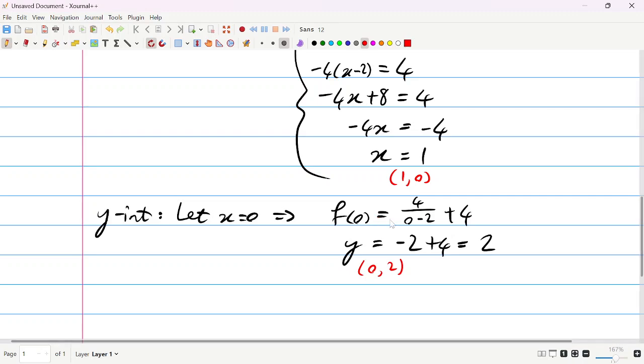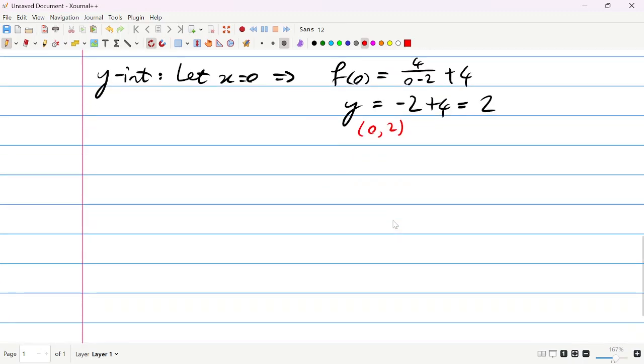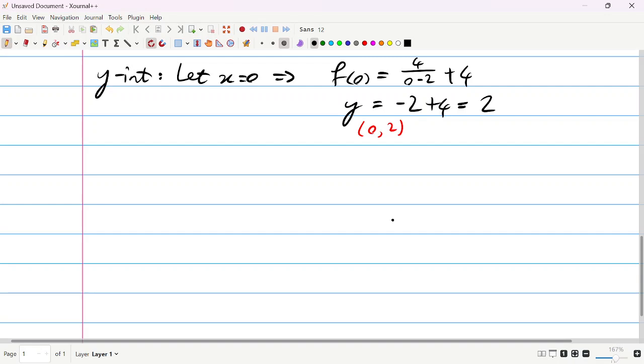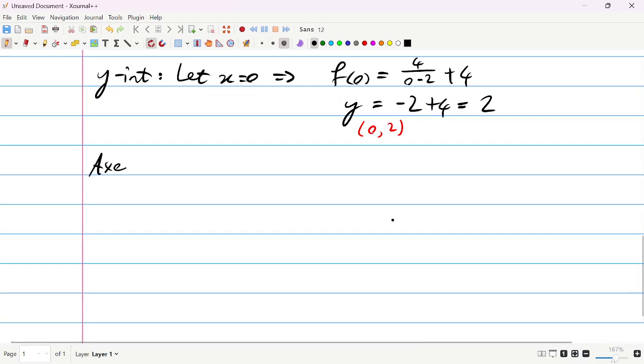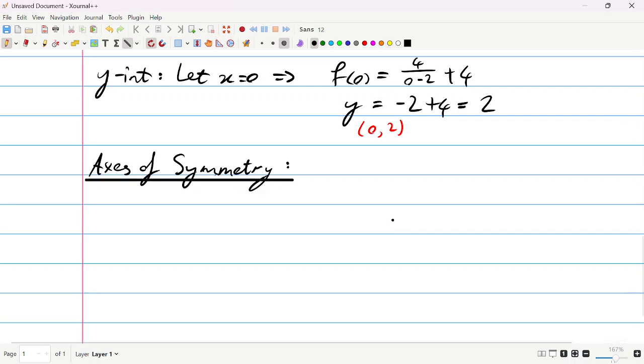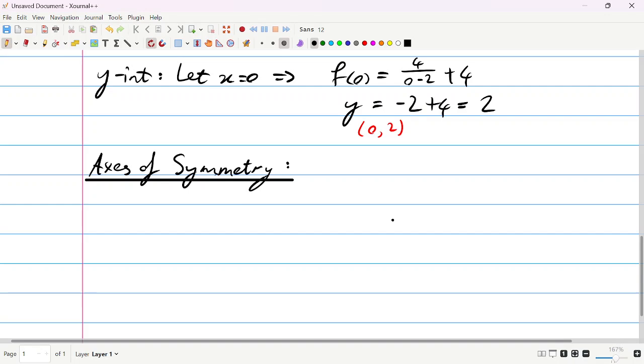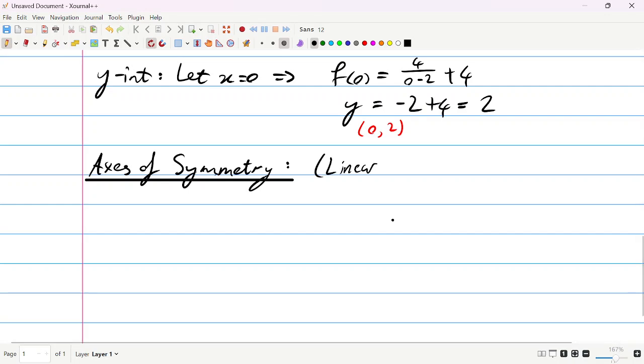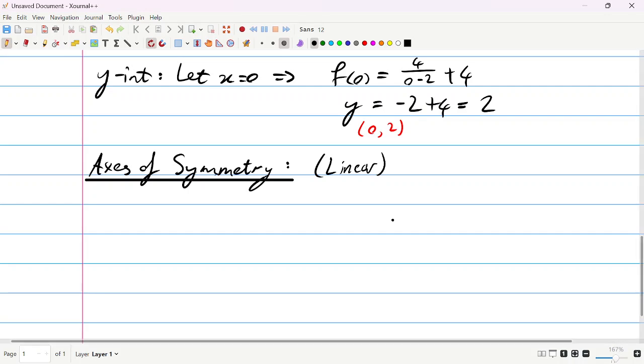The next thing we just need to find is the axis of symmetry. And how do we find the axis of symmetry? This is how we find the axis of symmetry. Axes of symmetry are linear functions, right? They're linear, meaning they're in the form of y equals mx plus c.